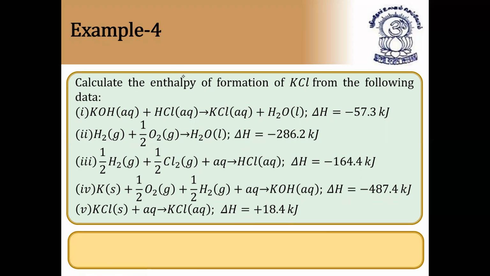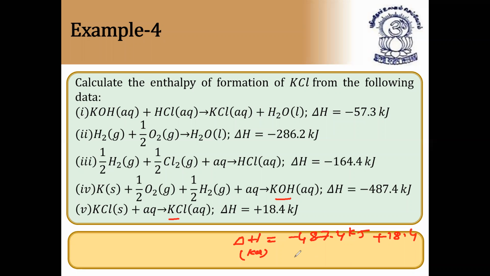So simply delta H of this reaction, the formation of potassium chloride, is equal to minus 487.4, because for forming potassium chloride we require potassium hydroxide. From potassium hydroxide only potassium chloride is formed. So minus 487.4 kilojoules per mole plus, potassium solid aqueous gives rise to potassium chloride, so it becomes plus 18.4.